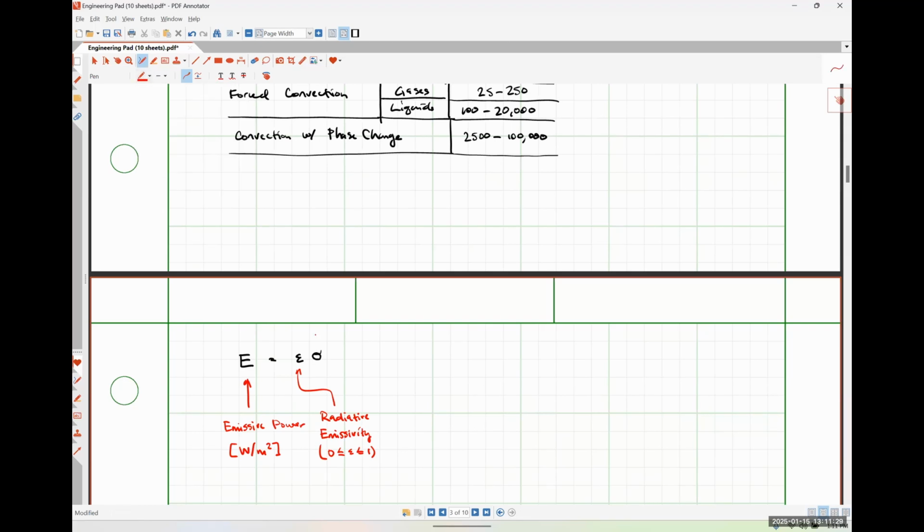This guy is what's known as the Stefan-Boltzmann constant, which has a value of 5.67 times 10 to the minus 8 watts per meter squared Kelvin to the 4th power.